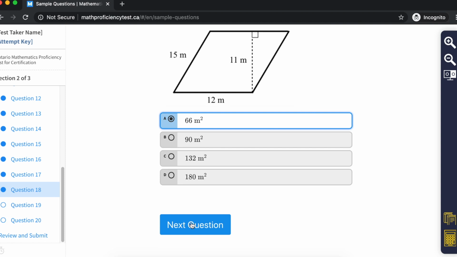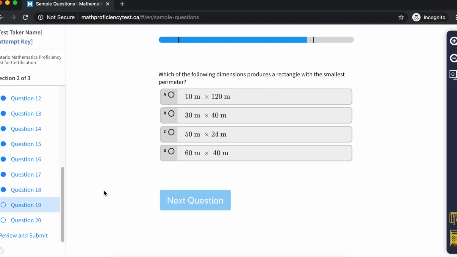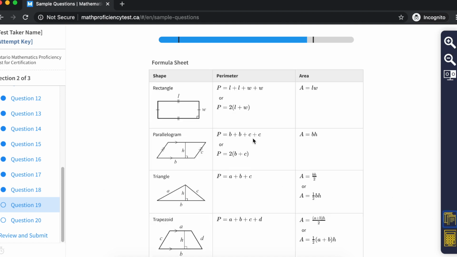So the next question. Which of the following dimensions produces a rectangle with the smallest perimeter? So again, we can go to the formula sheets if you need to look at a rectangle. What is the formula for the perimeter? And it is 2 times (length plus width) in brackets.